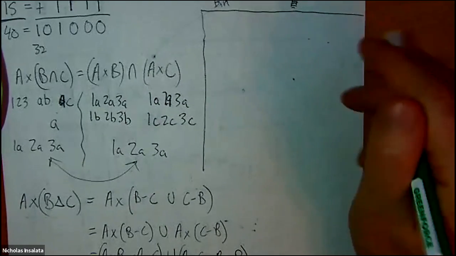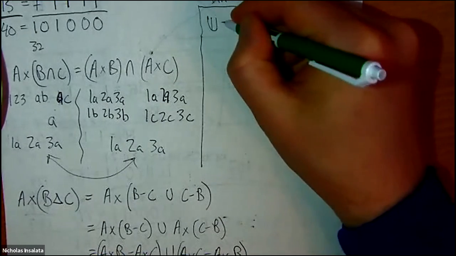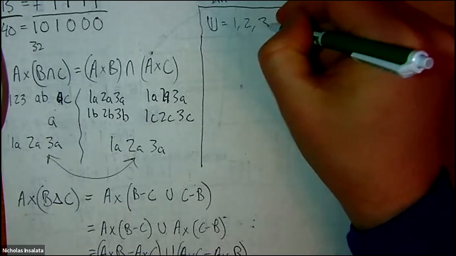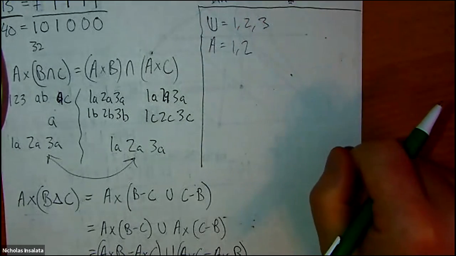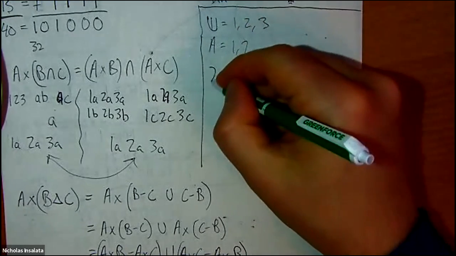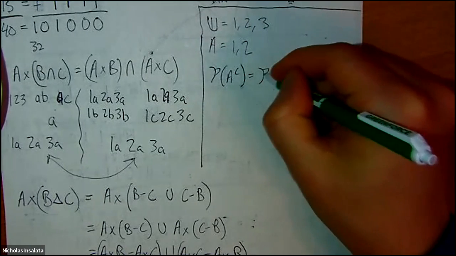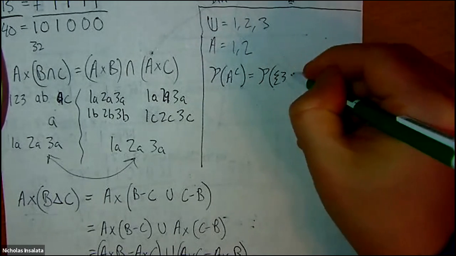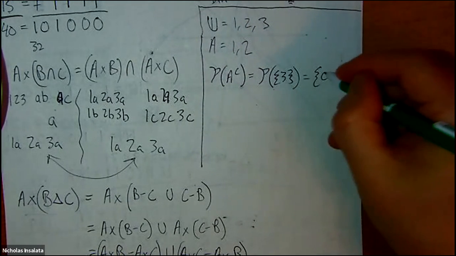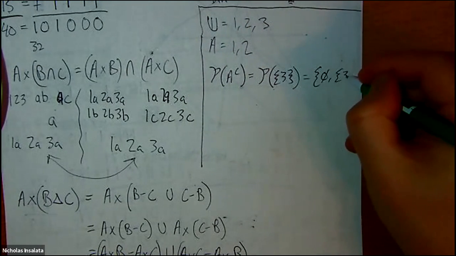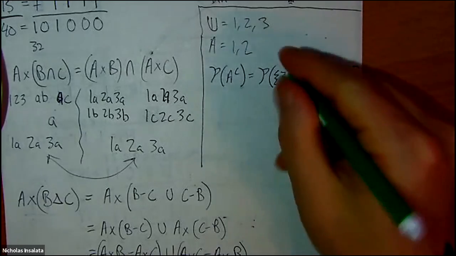So in that case, we do need to be aware of the universe here, right? So let's say that the universe is {1, 2, 3}, and set A is equal to {1, 2}, right? In that case, the power set of A complement equals the power set of the singleton set {3}, which is the set of empty set and {3}.